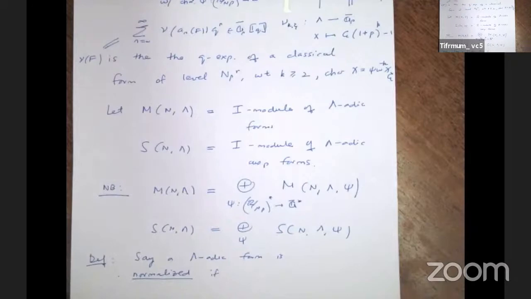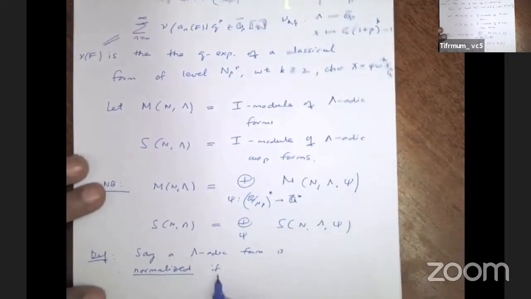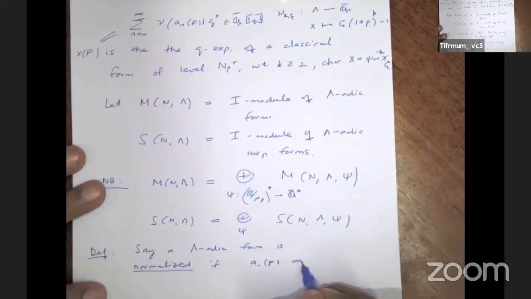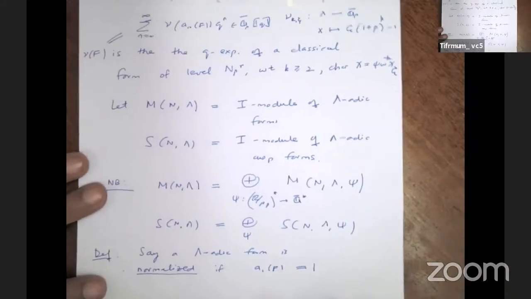You can think about that for a second. So normalized, instead of saying all specializations have a_1 equals 1, let me just say that the lambda-adic form has first Fourier coefficient 1, the q coefficient.